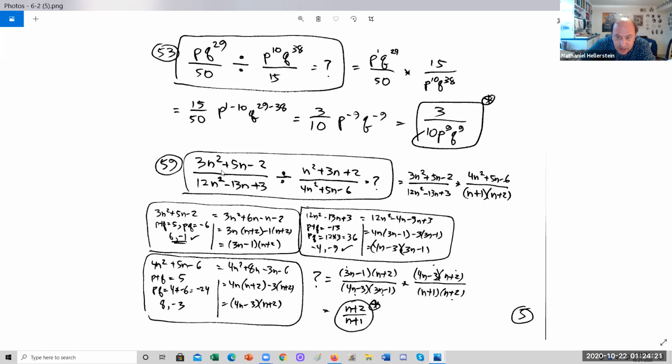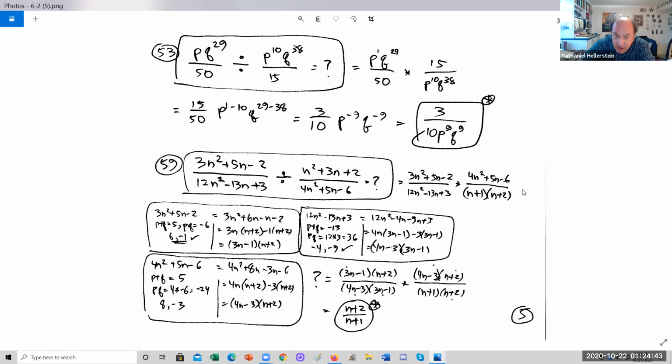Now let's see. Is this another one I redo? I'm afraid so. 3n squared plus 5n minus 2 over 12n squared minus 13n plus 3 over n, divided by n squared plus 3n plus 2 over 4n squared plus 5n minus 6. Like the one I just showed you before, we flip this upside down.